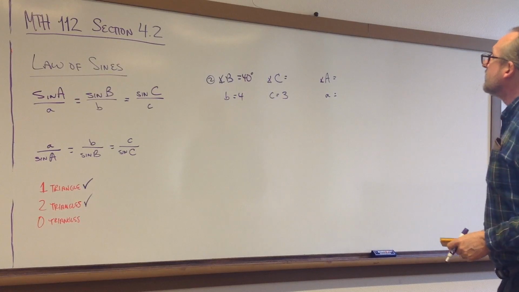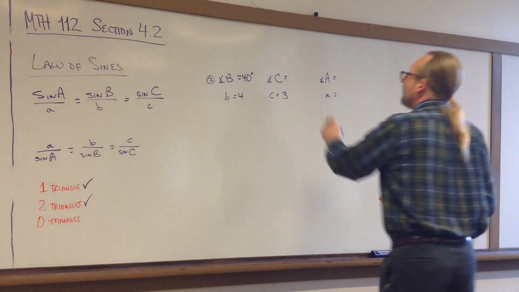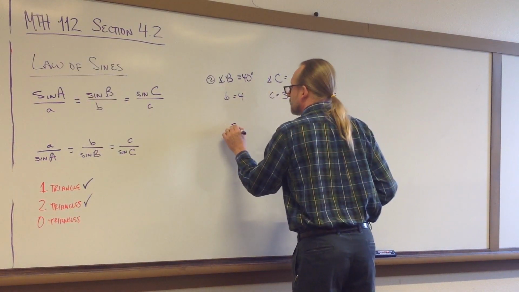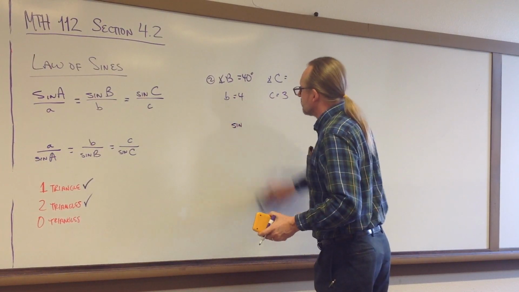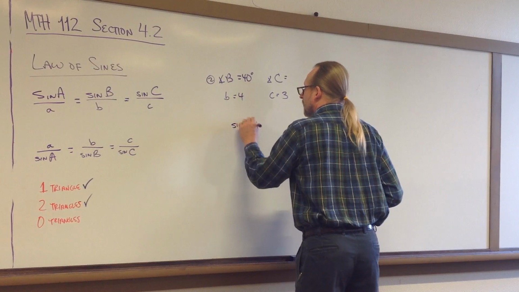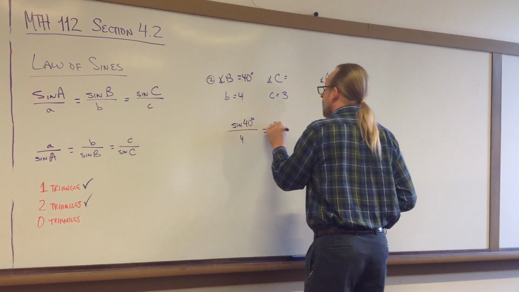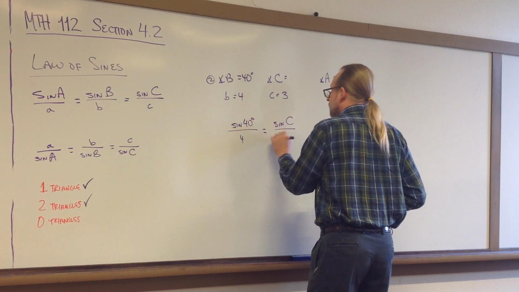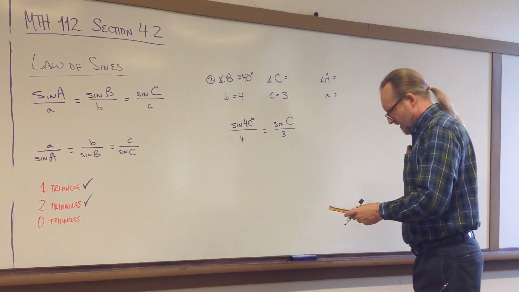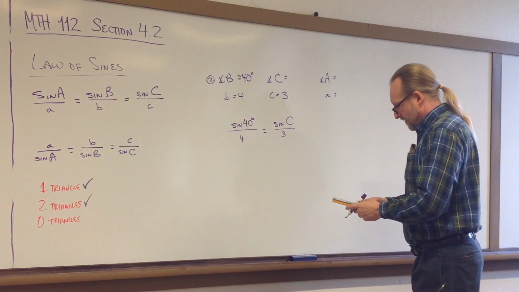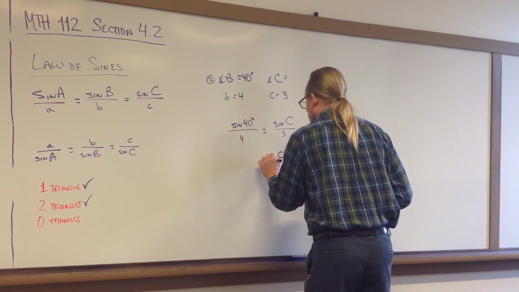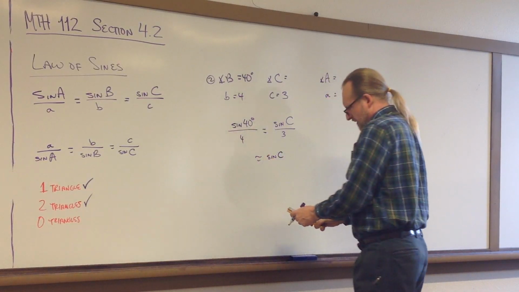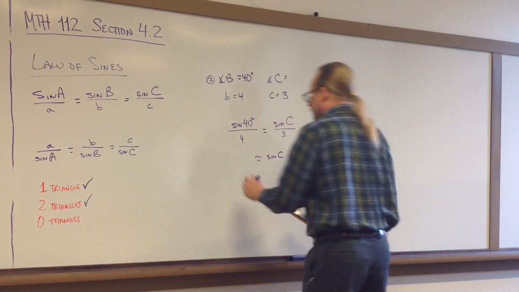so let's see here. Let's find angle C first, so we'll say sine B, we know that B is 40 degrees, so sine of 40 degrees over 4 equals the sine of C over 3. So sine 40 divided by 4 times 3 tells us that the sine of C is going to be about 0.4821.